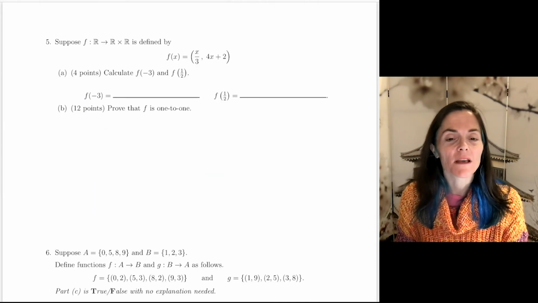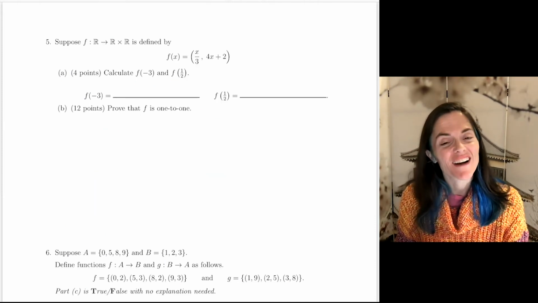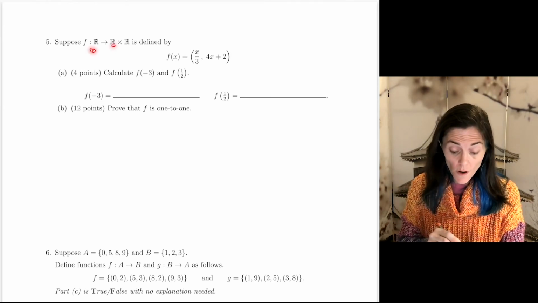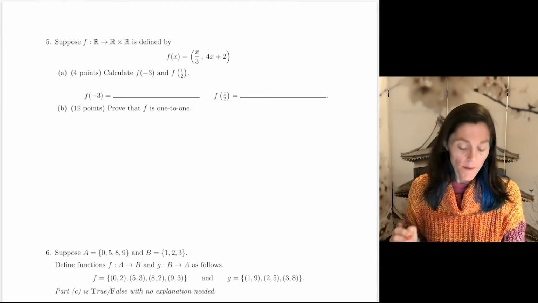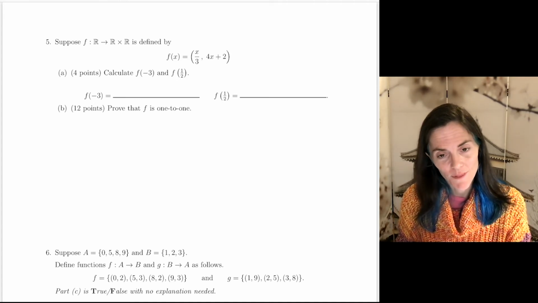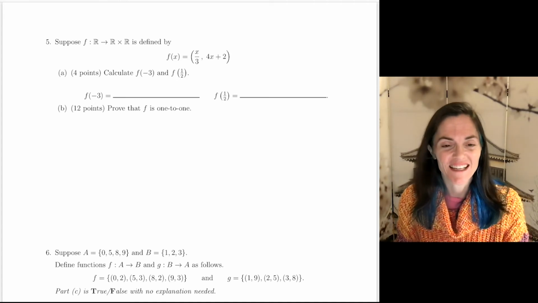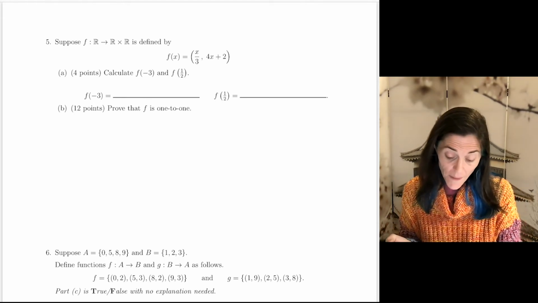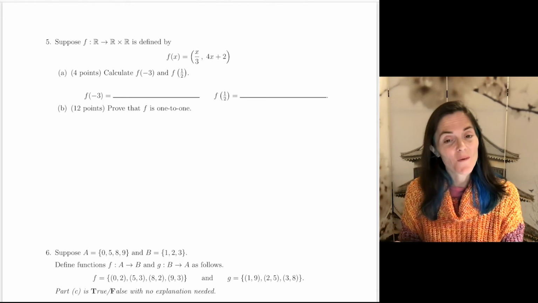Number 5, here we have another function, and this one goes from real numbers to R cross R. And we want to calculate this function at two different real numbers and then prove this function is 1-to-1. So we want f of -3, and then we want f of 1/2.